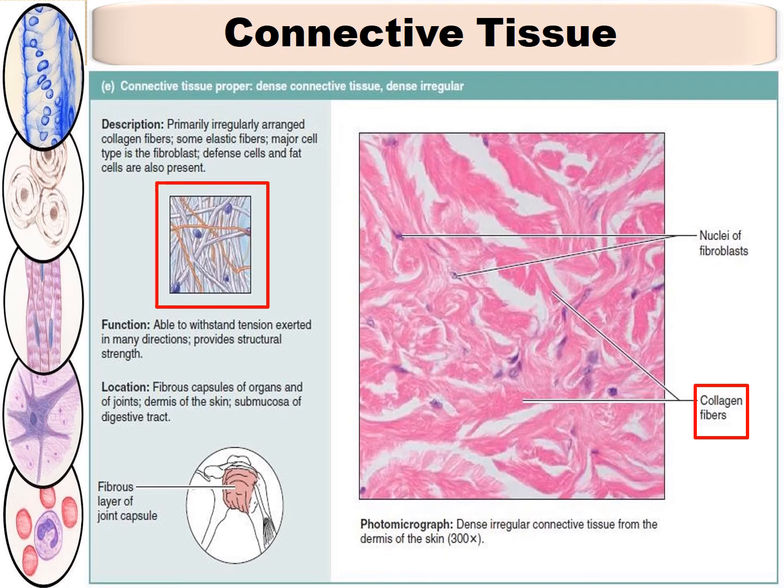This dense irregular connective tissue is located at the fibrous capsule of organs and of joints. Also, it is present in the dermis of the skin and the submucosa of the digestive tract. Here in this photomicrograph, you can see the dense irregular connective tissue from the dermis of the skin.